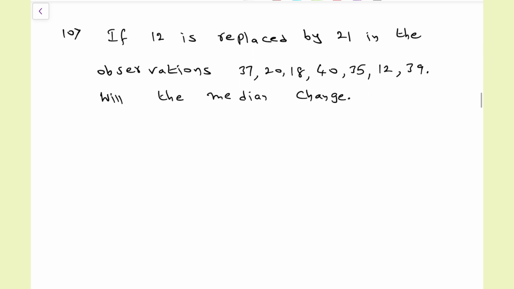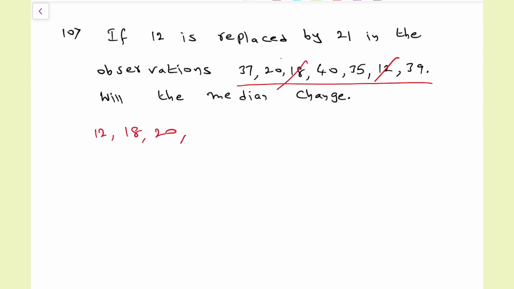Next. If 12 is replaced by 21 in the given observations 37, 20, 18, 40, 35, 12, 39, will the median change? First of all, let us write all the given observations in order. First 12, then 18, then 20, 35, 37, 39, 40.